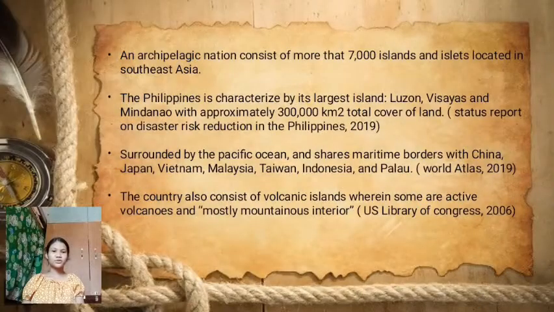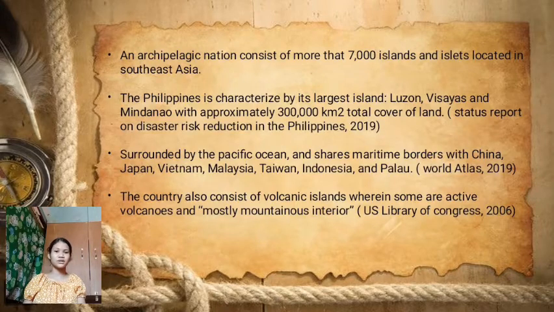The country also consists of volcanic islands, wherein some are active volcanoes, and a mostly mountainous interior. The interior of the country is generally mountainous with several mountain peaks reaching almost 10,000 feet. In addition, the Philippines has extensive fertile plains along the coast and in the center of the country.